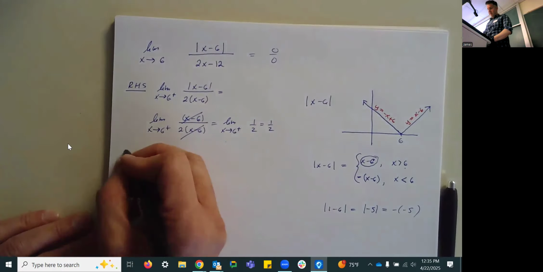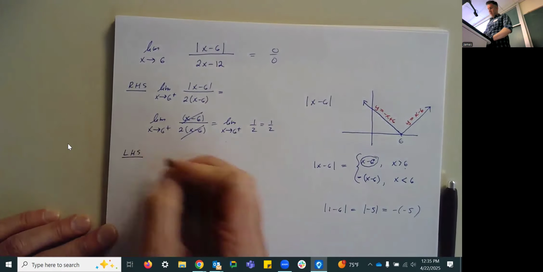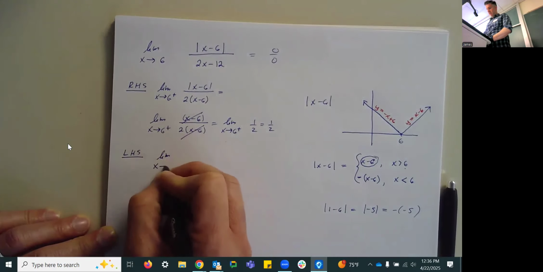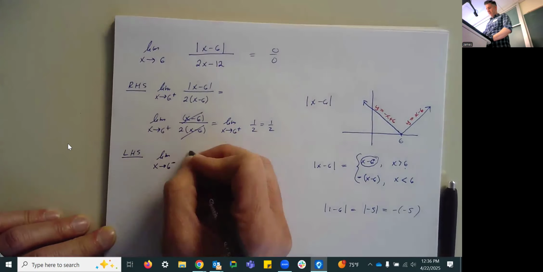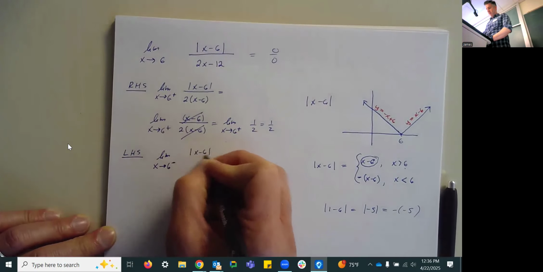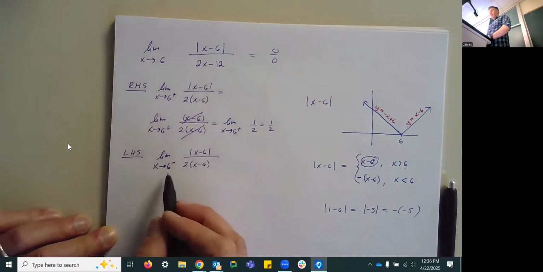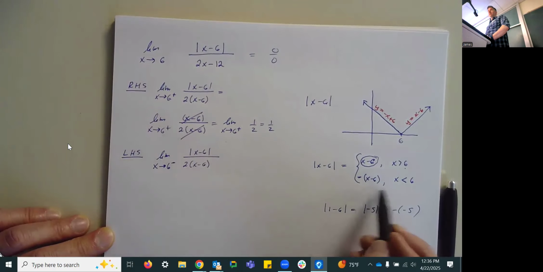The left-hand side limit is a different animal. We look at the limit as x approaches 6 from the left of the same thing, absolute value of x minus 6 divided by 2 times x minus 6. Now, since x is less than 6, we have to use this piece of the piecewise function.